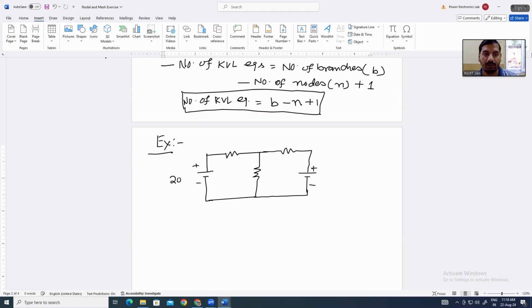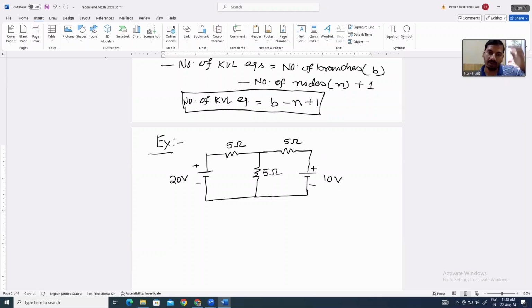The values are 20 volt and 10 volt. Resistance values, for simplicity, we have assumed equal: 5 ohm, 5 ohm, 5 ohm.